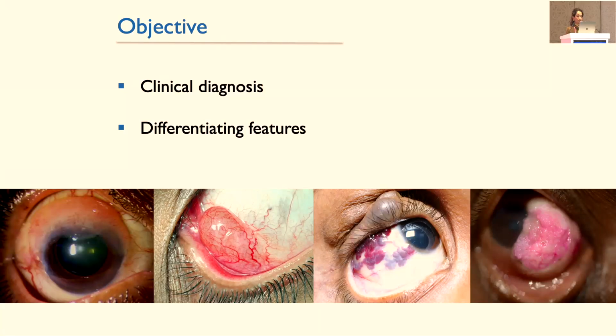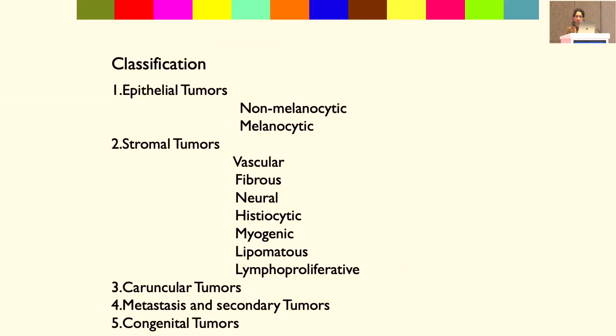Now, going on to the classification, as I'm going to deal with epithelial tumors and stromal tumors, epithelial tumors are classified as non-melanocytic and melanocytic. I'm not going to touch upon melanocytic because Dr. Vikas Menon is going to give you an extensive talk on that.